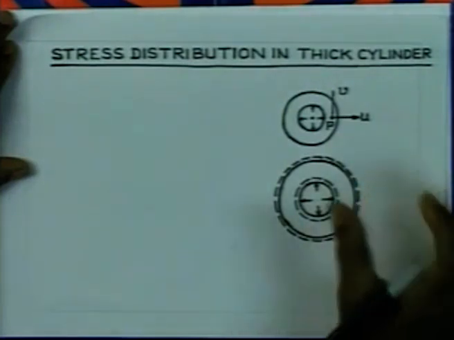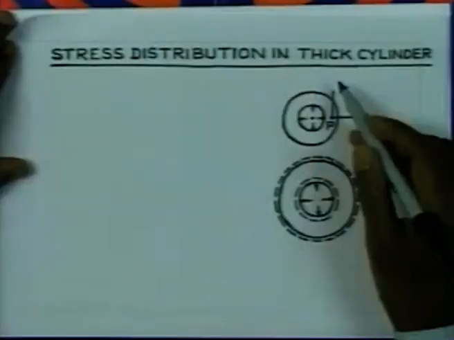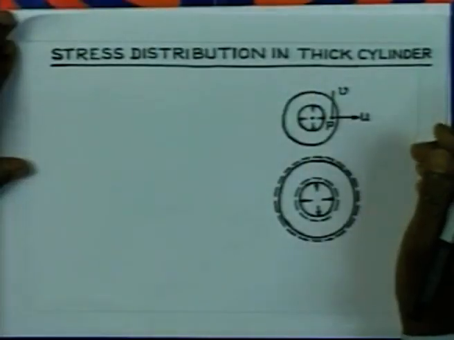If it is external pressure loading, then in that case it is going to move radially inward. There is no displacement of the point in the circumferential direction.